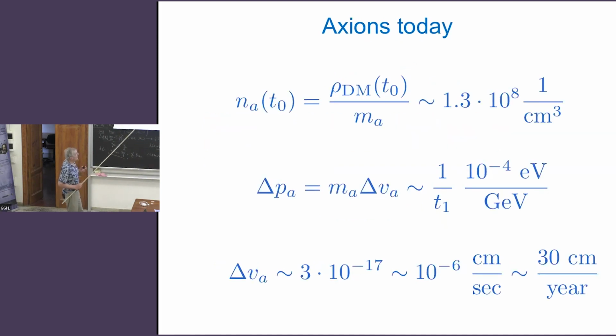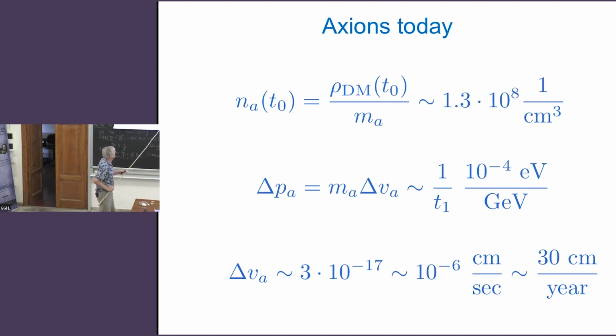If you then ask today, and I'm talking about the homogeneous universe again, the density is of order 10 to the 8 per centimeter cubed. The momentum dispersion is obtained by taking the momentum dispersion 1 upon T1 at QCD time and then just stretching it by the expansion of the universe.